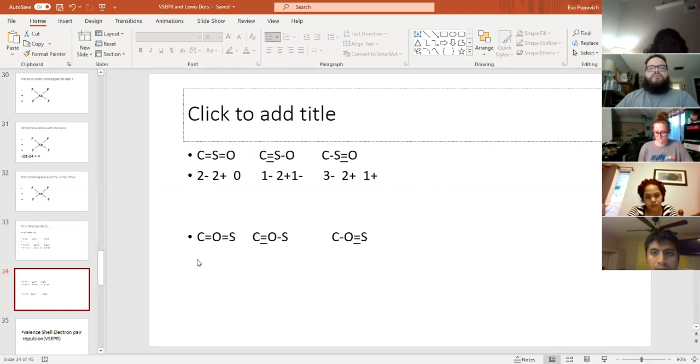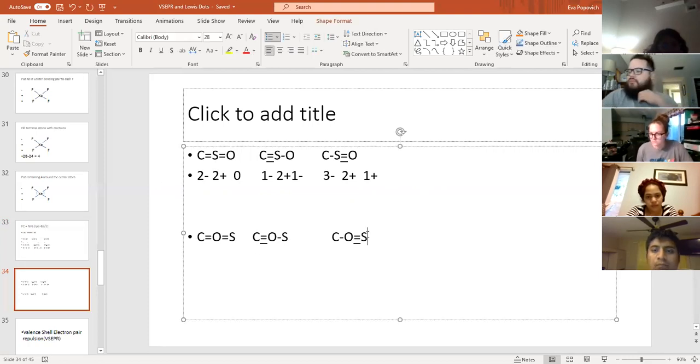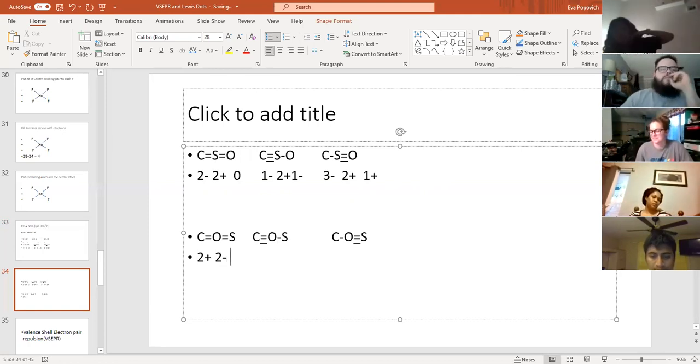Okay, I'm going to do the bottom one real quick, and I'm hoping I'm not making mistakes. That's 4 minus 2 plus 2, which is 2 minus, and that is 0.